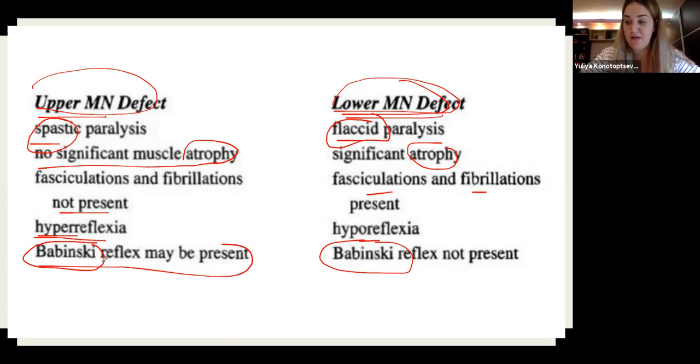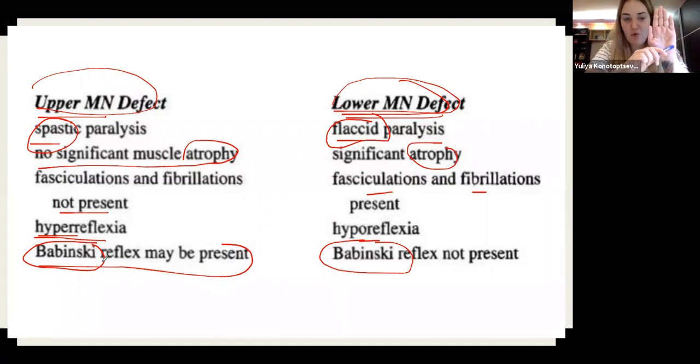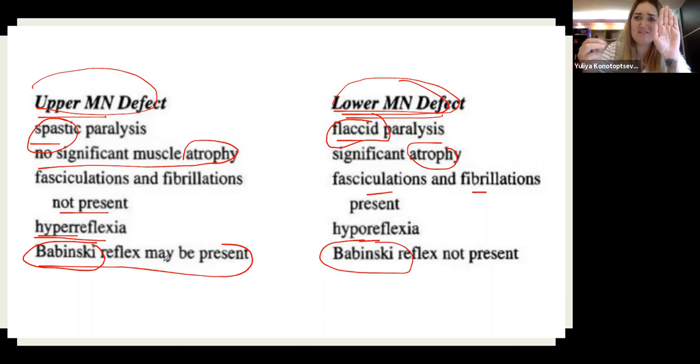What is Babinski reflex? Imagine this is the sole of my foot. You take a sharp object and you do this movement on your foot. Babinski reflex in babies will do like this. The toes will go this way. If I say that Babinski reflex is present, that means that you, adult, have the same reflex as a baby.